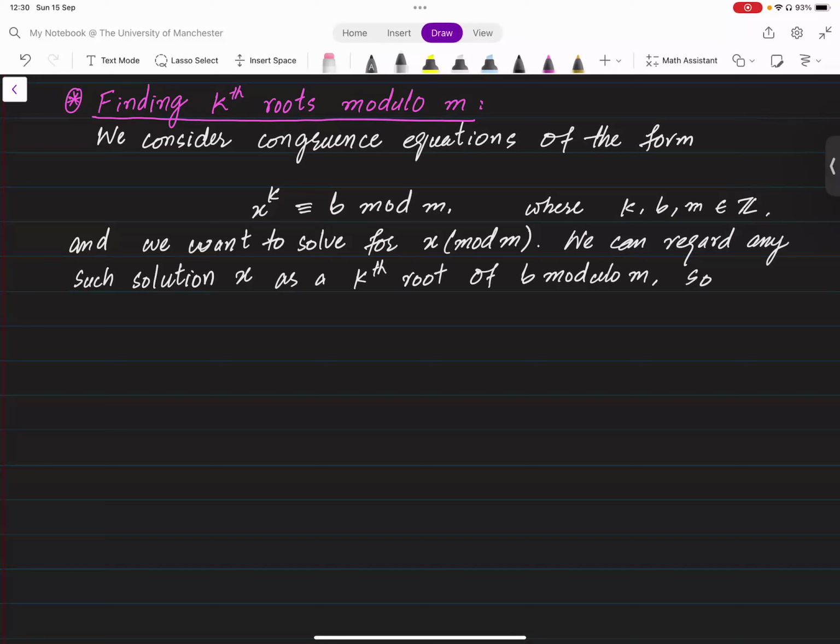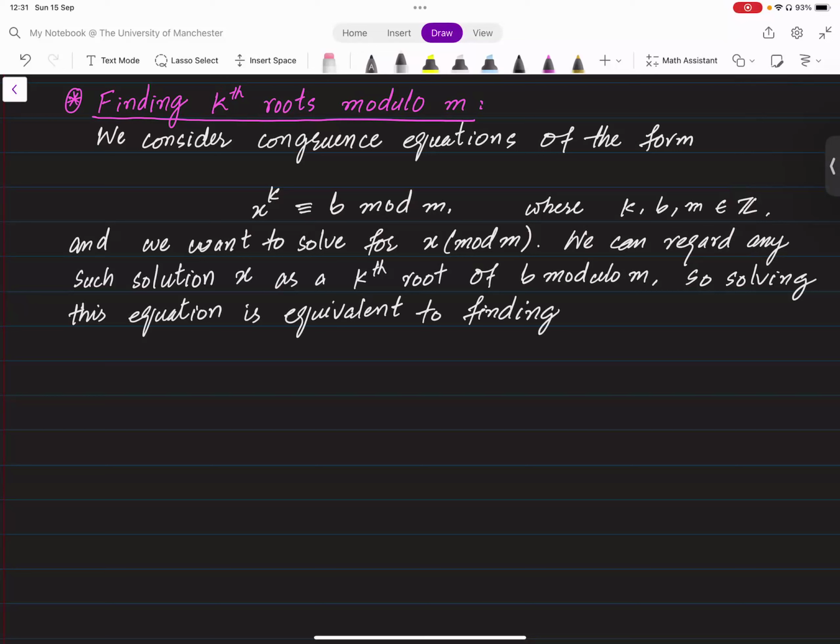So solving this equation is equivalent to finding kth roots modulo m.